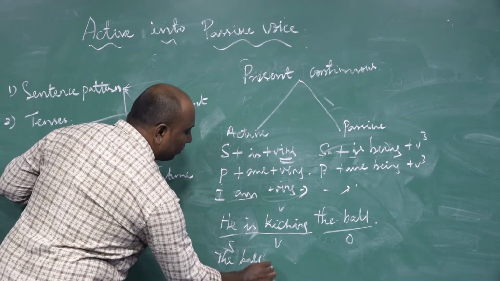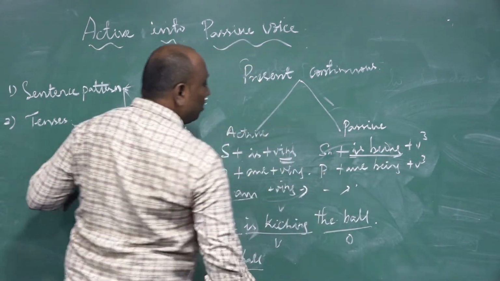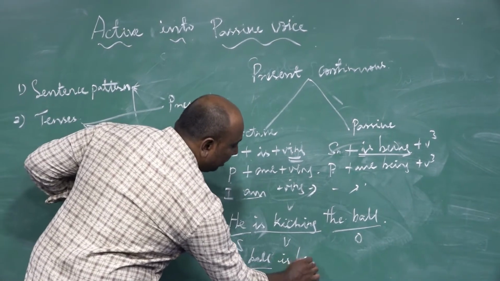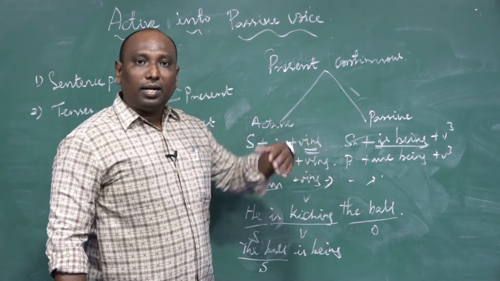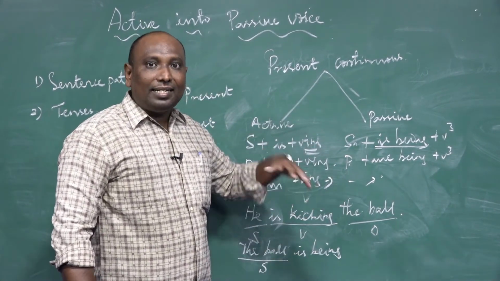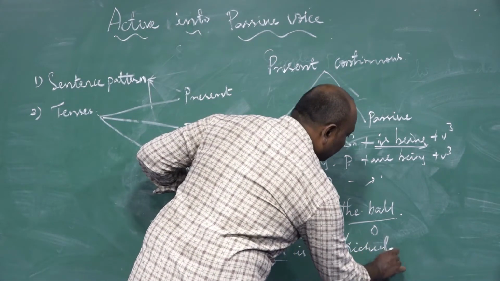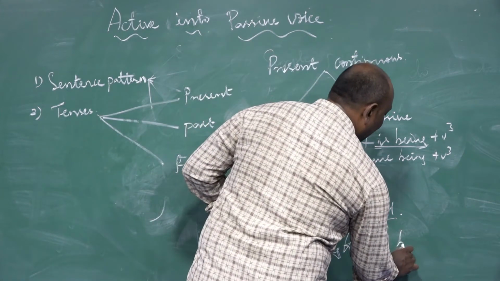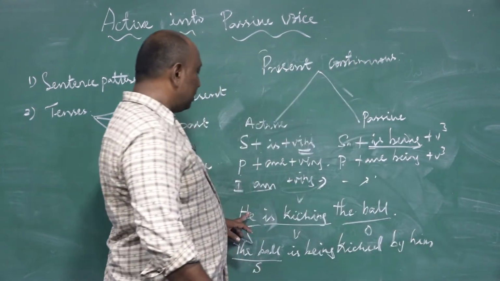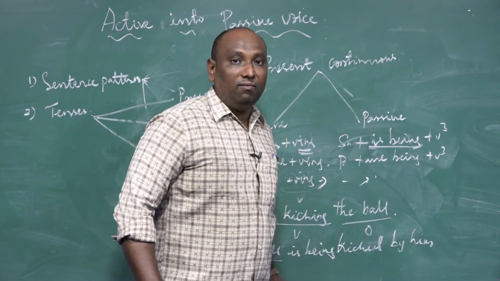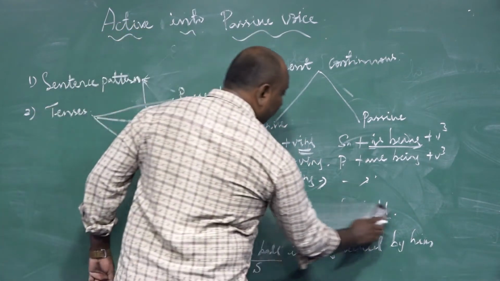For singular, look at the table: we require "is being", and the verb should go into the third form. What is the third form of kick? Kick, kicked, kicked. So we use "kicked by", and "he" will change to "him", because that is a subjective pronoun and this is an objective pronoun. When it comes into the object place, it has to be changed to an objective pronoun.